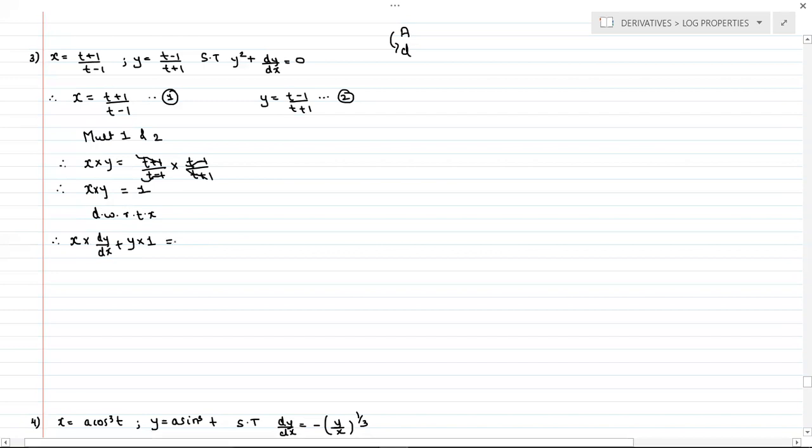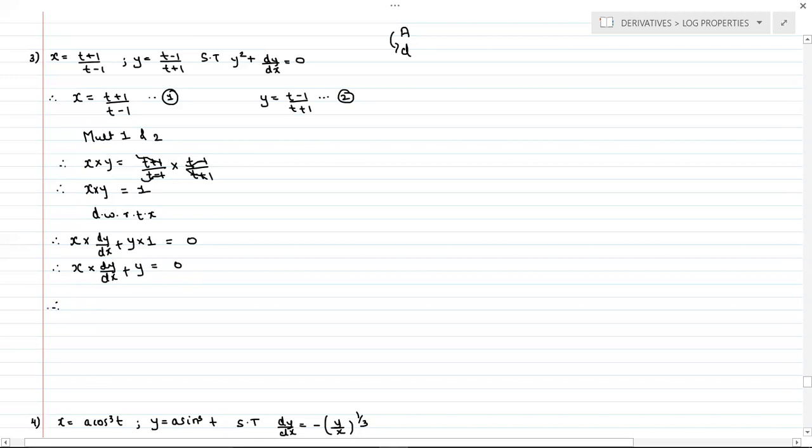And 1 is a constant, so its derivative will be 0. Therefore x into dy by dx plus y into 1, you will get y equals to 0.